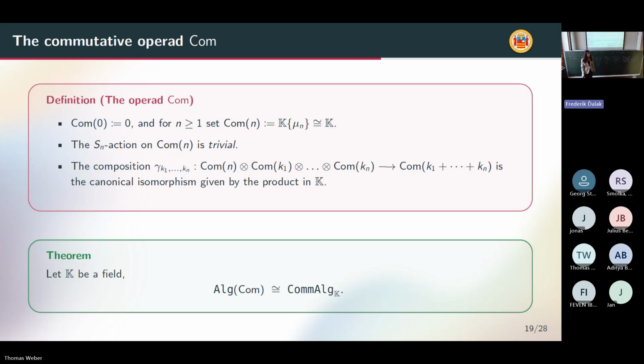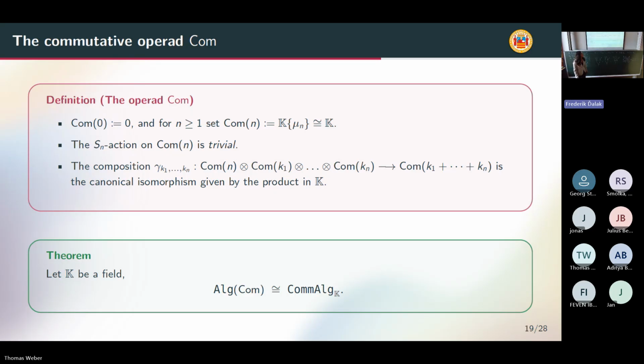So it simply identifies operations with the inputs swapped. You can think about it in this way. If you have a corolla, 1, 2 is the same as 2, 1. So it's really easy. And again, we have the same isomorphism theorem. So the category of algebras over the Com operad is isomorphic as a category to the category of commutative associative algebras.